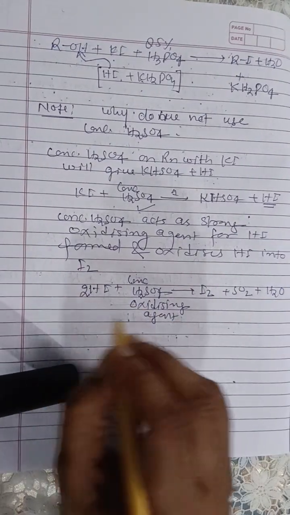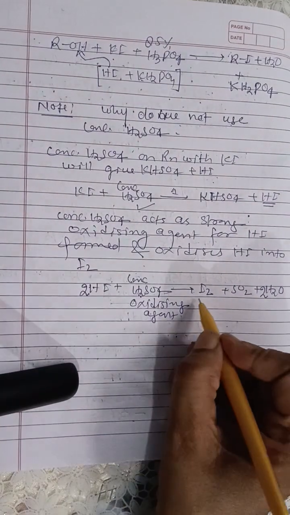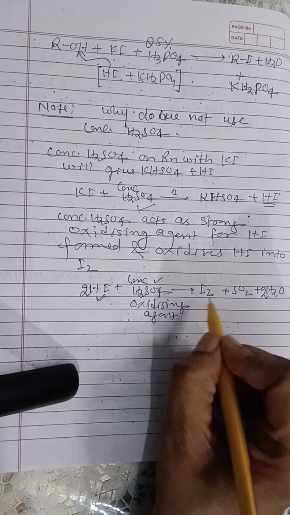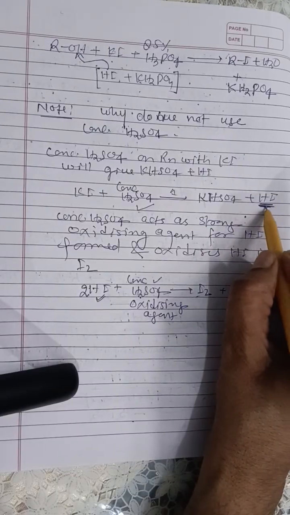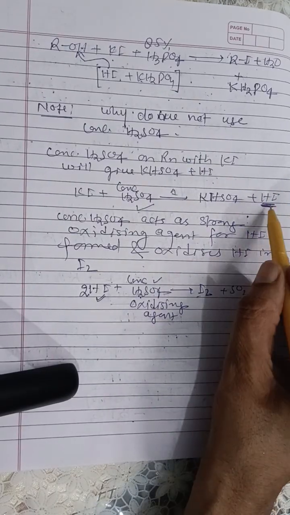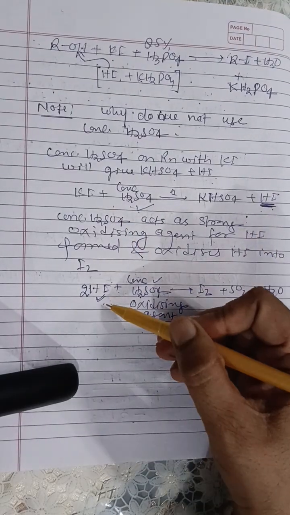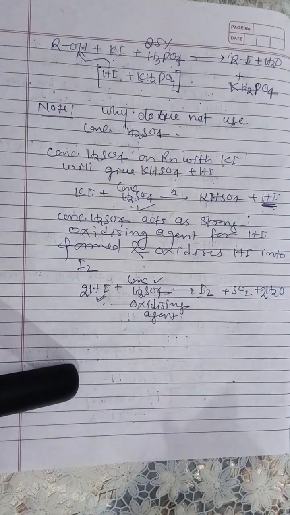So 2HI and 2H2O. So here, because H2SO4 has oxidized HI into I2, which was formed after the reaction of KI with concentrated H2SO4, no more HI will be available to react with alcohol to form RI.